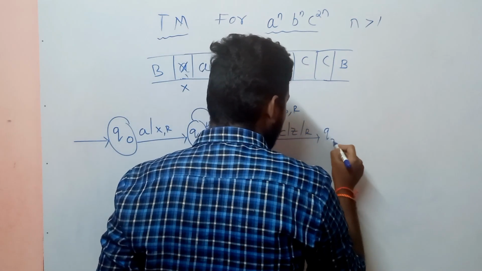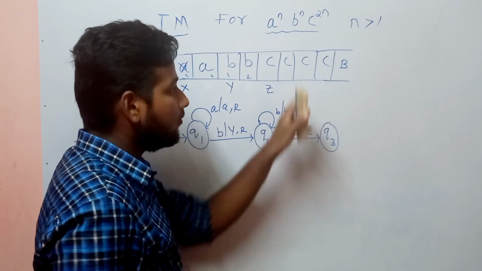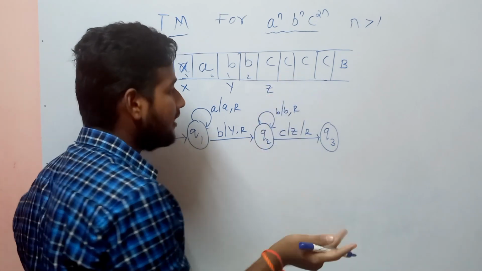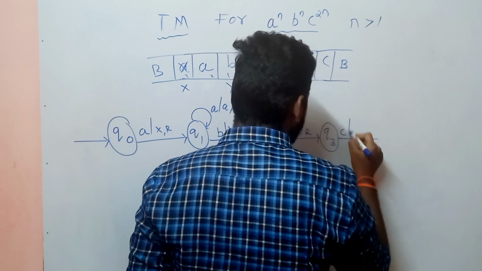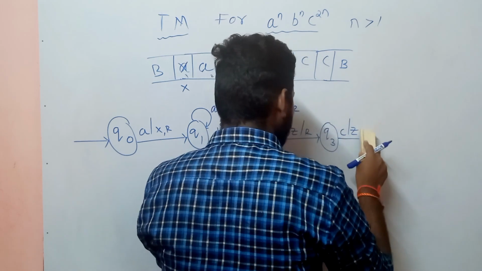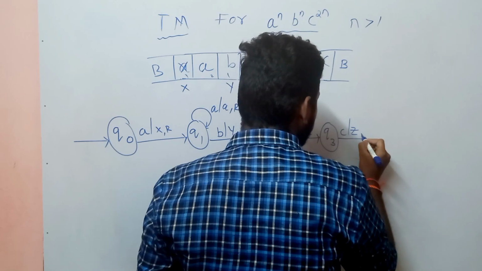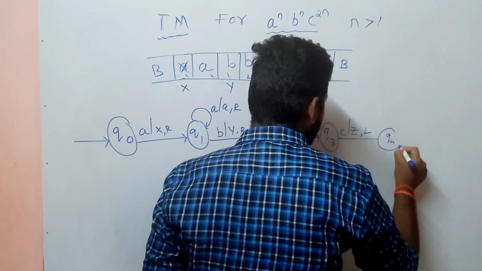The state changes from Q2 to Q3. Next we make this second C as Z, and the direction changes to left and the state changes to Q4.